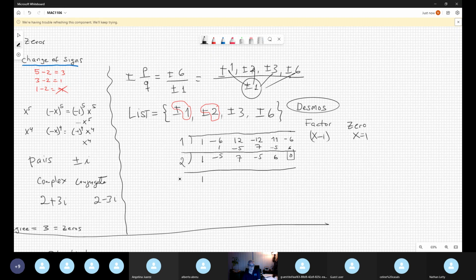Bring down 1, multiplication is 2, is -3. Multiplication is -6. This is 1 positive. Multiplication is 2. This is -3. Multiplication is -6. Wow, again 0 remainder. Therefore, the factor x minus 2 belongs to this polynomial. And the 0 is 2.